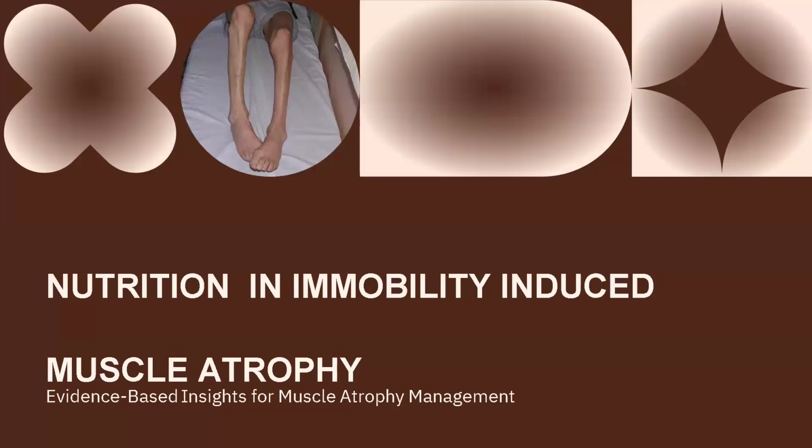Another is age. Older adults lose muscle generally faster and have slower recoveries. And then we have neuropathies and chronic diseases such as cancers and HIV. We also have medications such as glucocorticoids that may worsen muscle degradation.